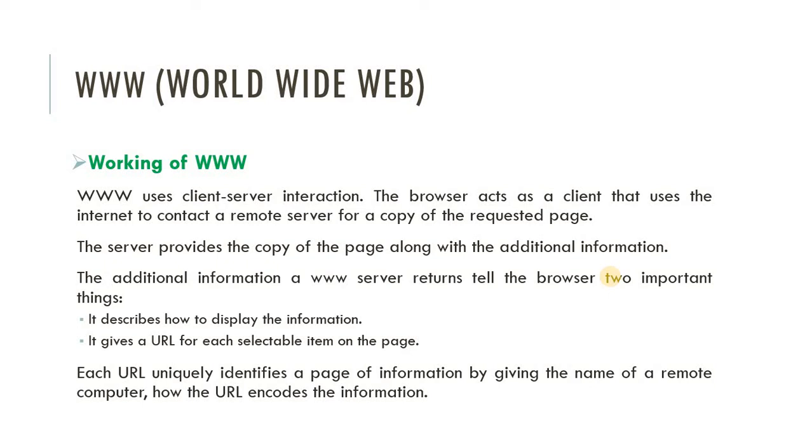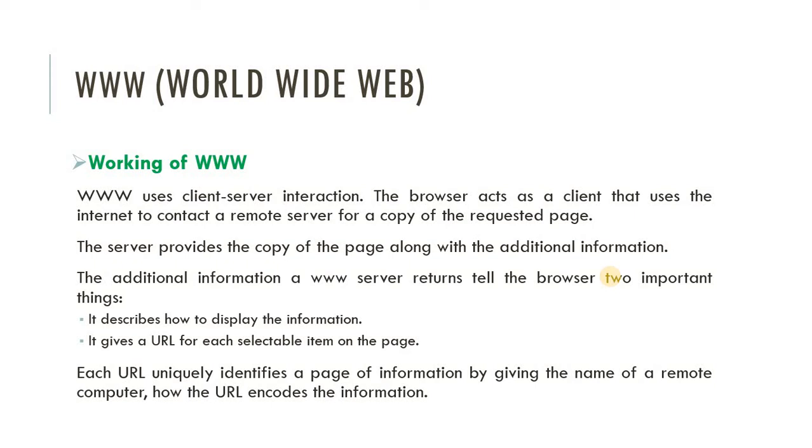The server provides a copy of the page along with additional information. The additional information a WWW server returns tells a browser two important things. It describes how to display the information, and it gives the URL for each selectable item on the page. Yes, so I request a page. Now the server fetches the requested information and sends it to the browser.